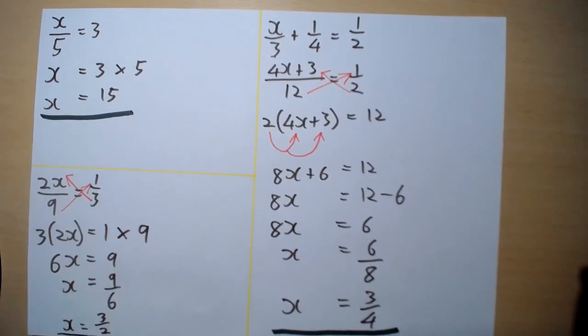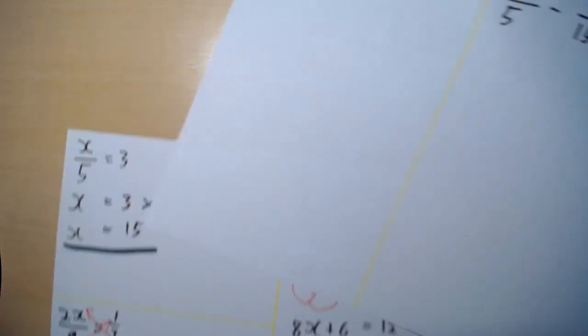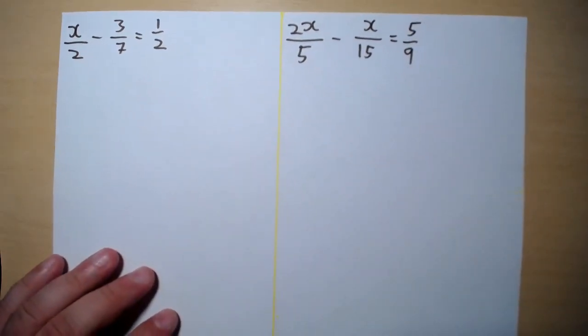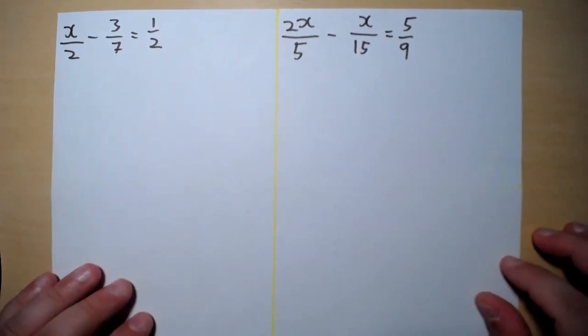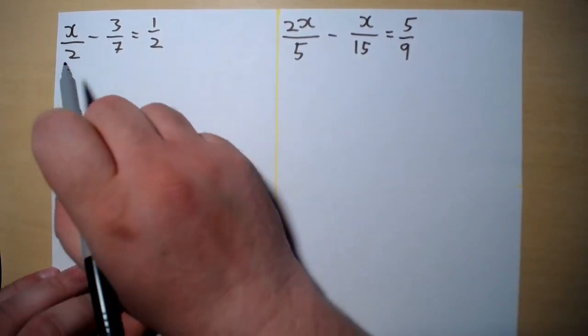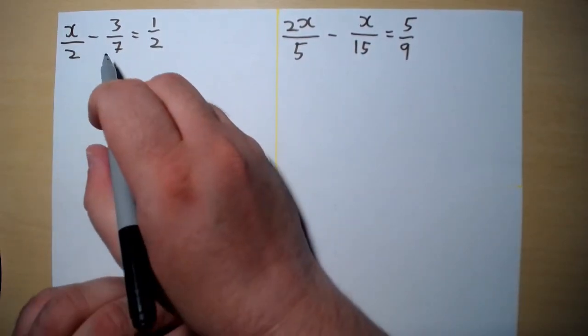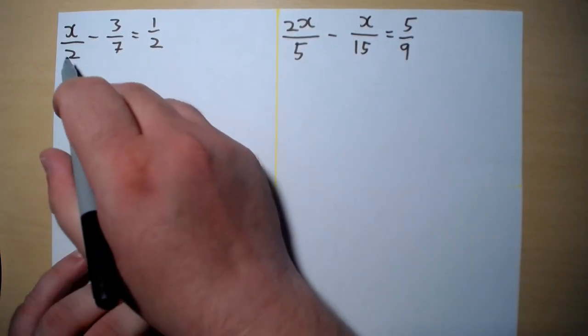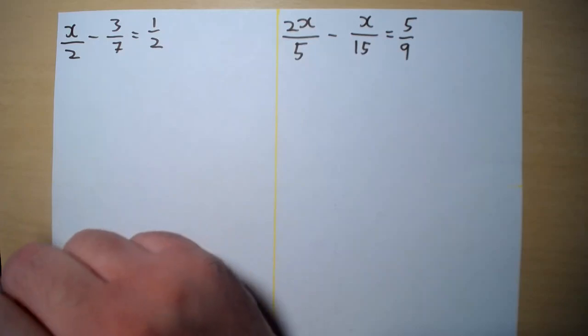I am going to work out another two examples of these algebraic fractions. Here we have x on 2 minus 3 on 7 is equal to 1/2. Let us first get this as one single fraction.